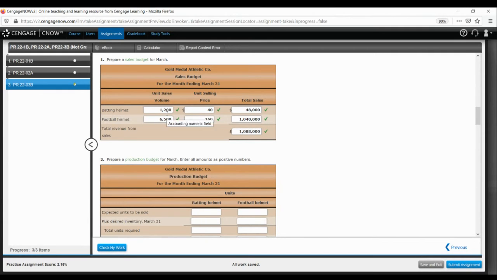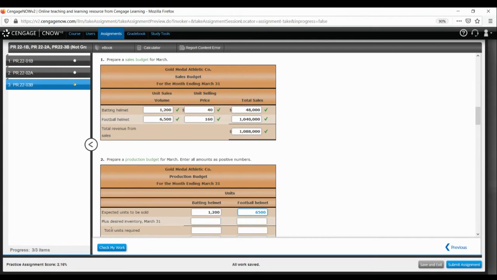You can get it from your sales budget here, and that's the preferred area to get it from. Or you can scroll back up to the top and look at Part A. This information is given to you.